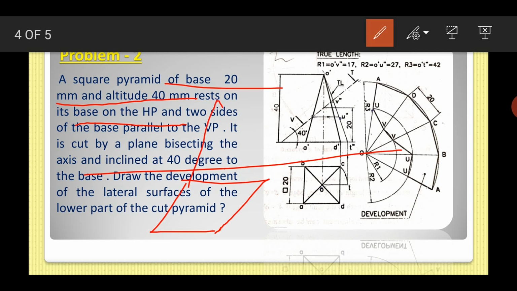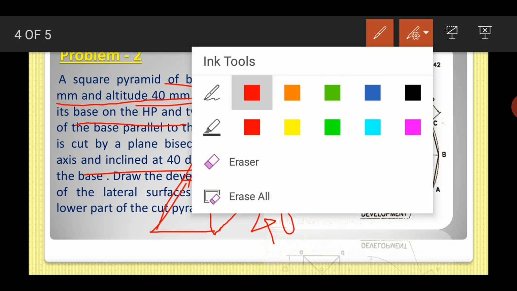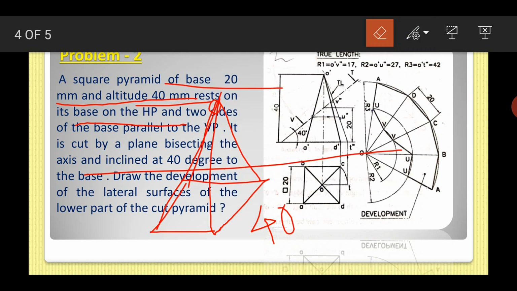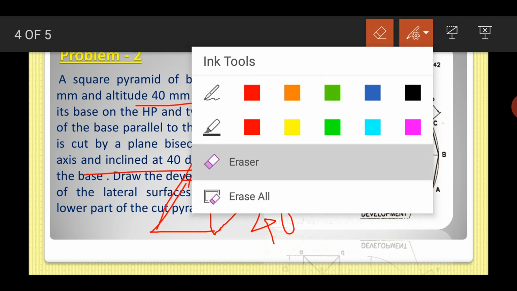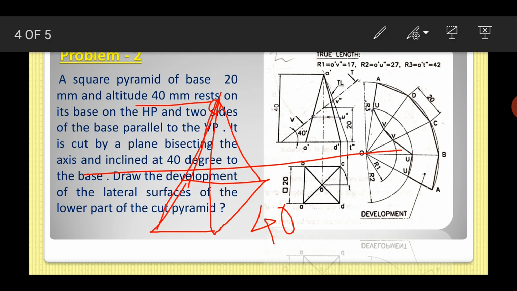This is a square pyramid; I'll take out these lines, then only you will understand. The height is 40 and each side is 20.